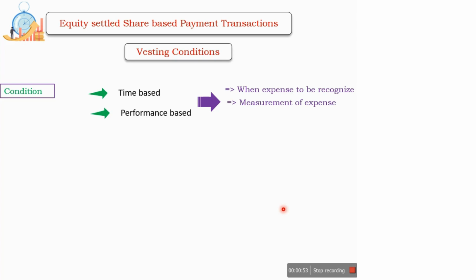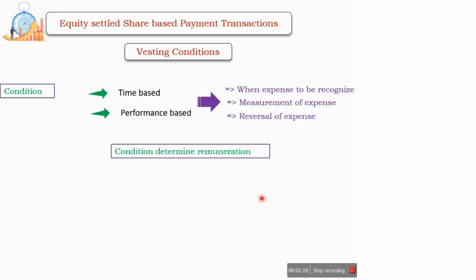The measurement of expense is also sometimes dependent on vesting conditions. Apart from it, sometimes reversal of expenses also depends upon the vesting conditions: an expense that we have already recognized may have to be reversed if, in the upcoming years, the condition is not fulfilled.